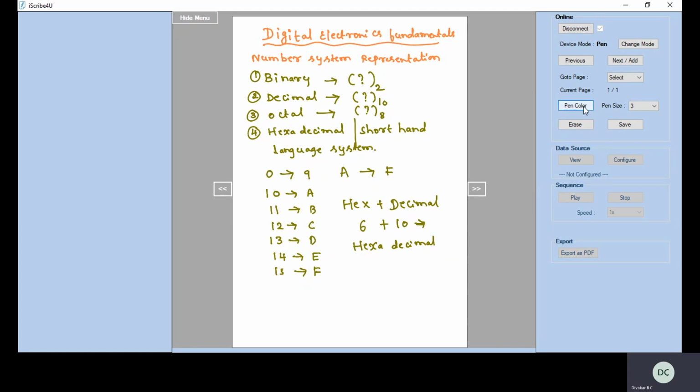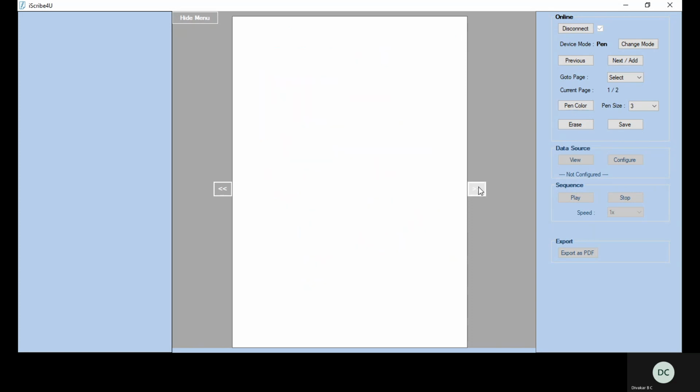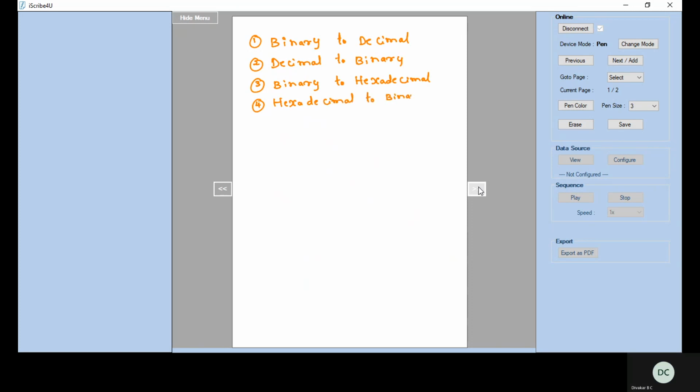The possible conversions are: first one, binary to decimal; second one, decimal to binary; third one, binary to hexadecimal; hexadecimal to binary; decimal to hexadecimal.